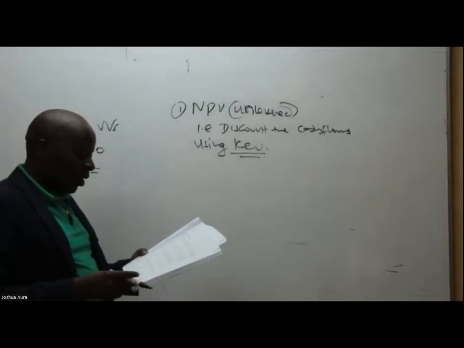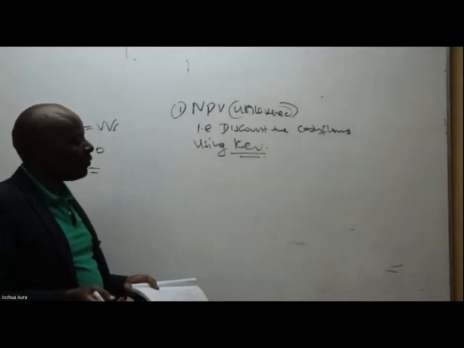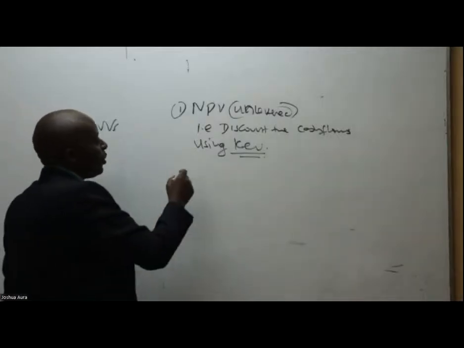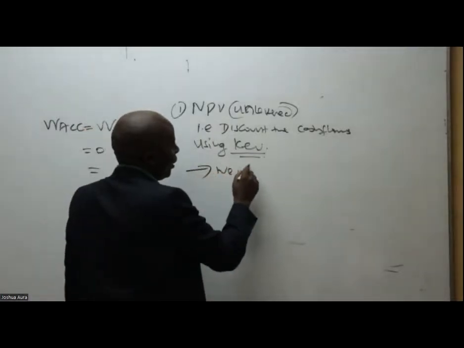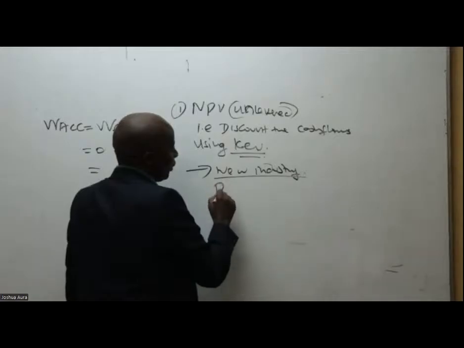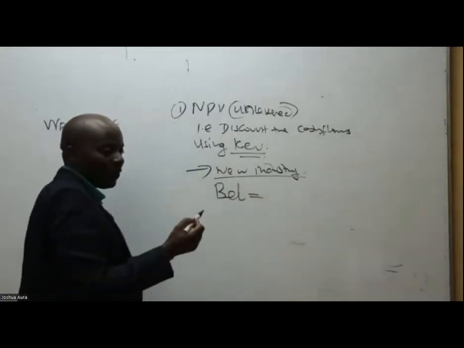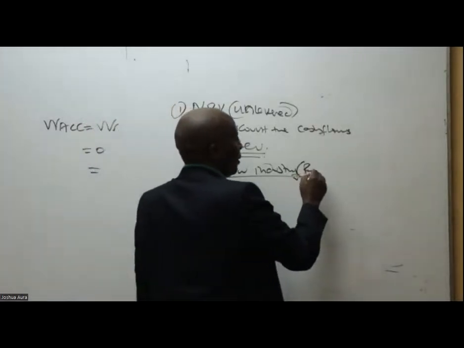So this really will not be a problem to me whatsoever. I will start first of all because we are going to a new industry. Ladies and gentlemen, first of all, I will start with the relevant beta.